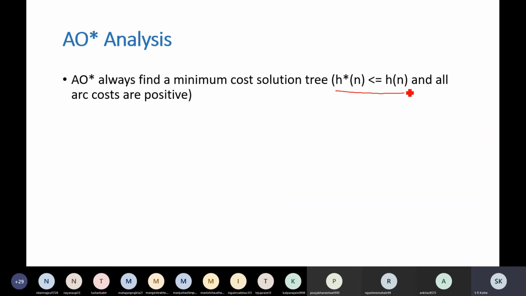What is the meaning of this? Tell me one word for this equation, that h*(n) is less than or equal to h(n).